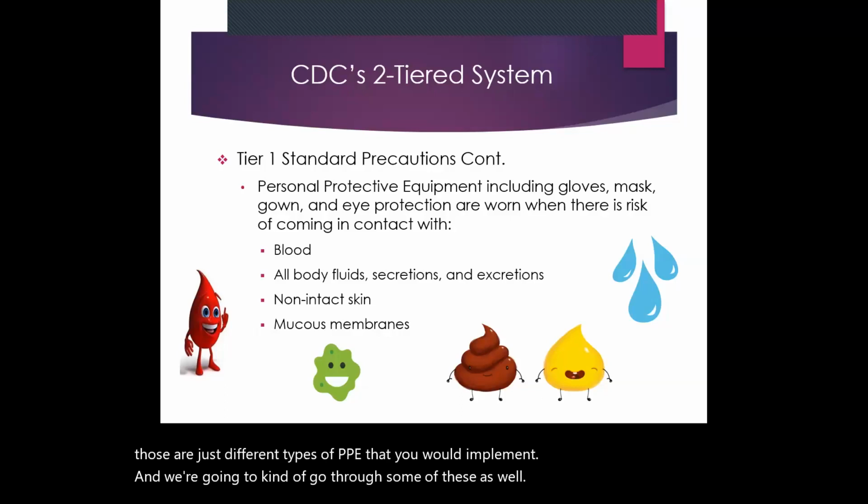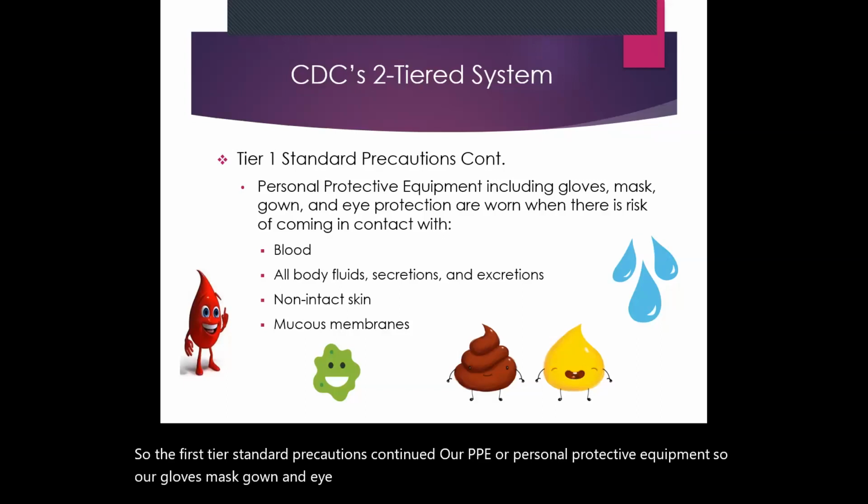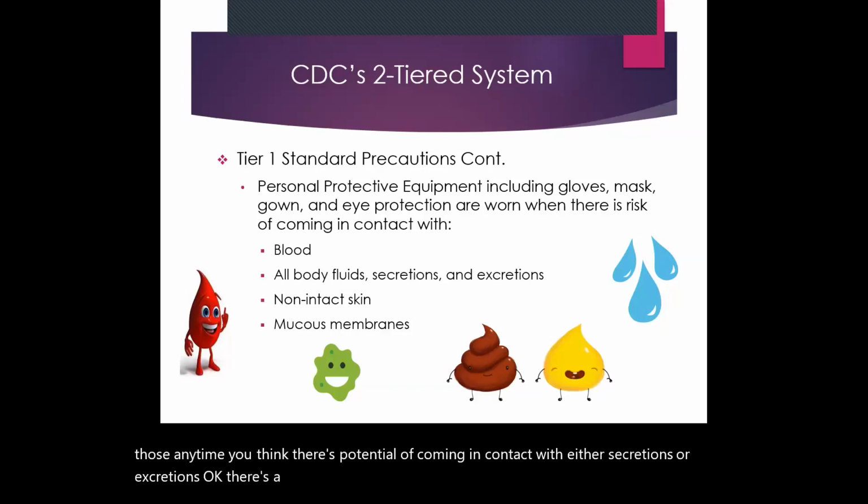So the first tier standard precautions continued are PPE, or personal protective equipment. So that's our gloves, mask, gown, and eye protection as mentioned. And you're basically just wearing those anytime you think there's potential of coming in contact with either secretions or excretions, okay? There's a difference in both of those, but they're produced by the body.